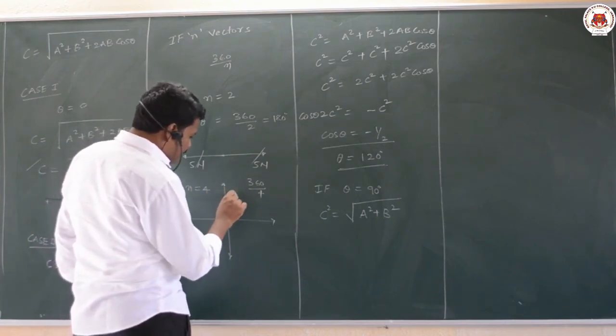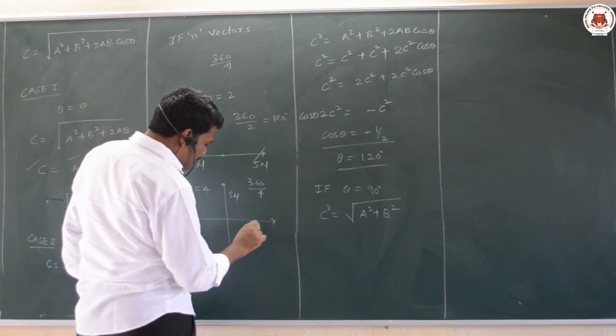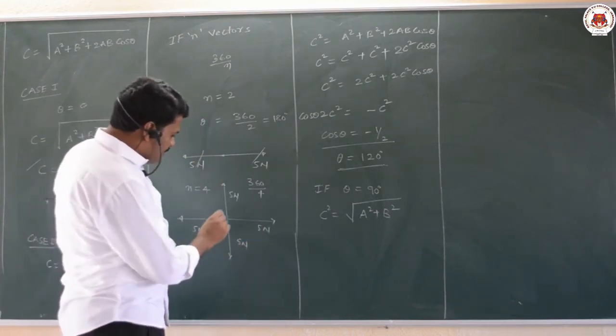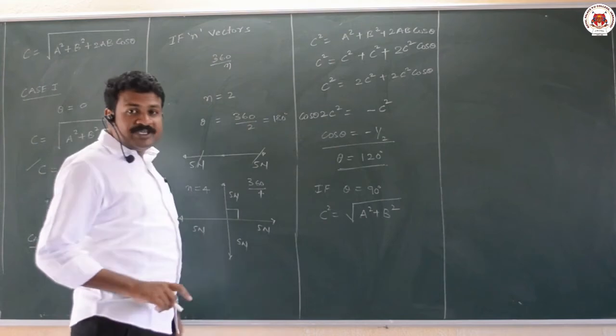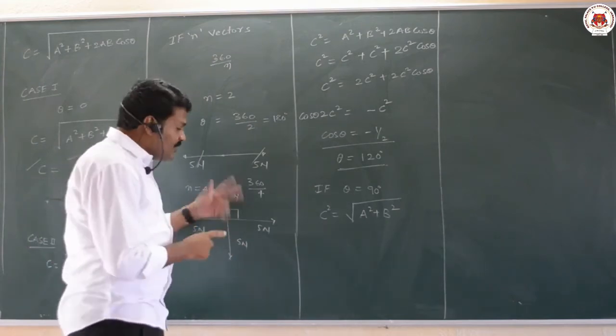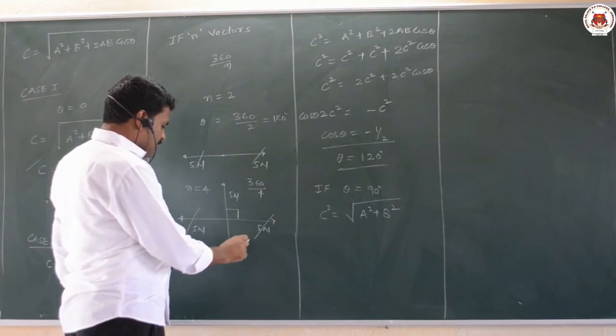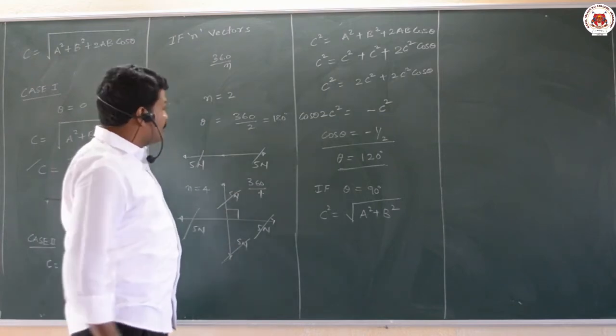Here 5 Newton, here another 5 Newton, 5 Newton and 5 Newton, each making 360 by 4 with the next vector. Then what is the answer? This will get cancelled, this also will get cancelled.